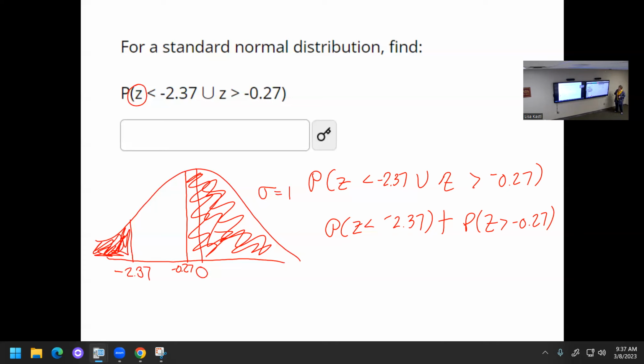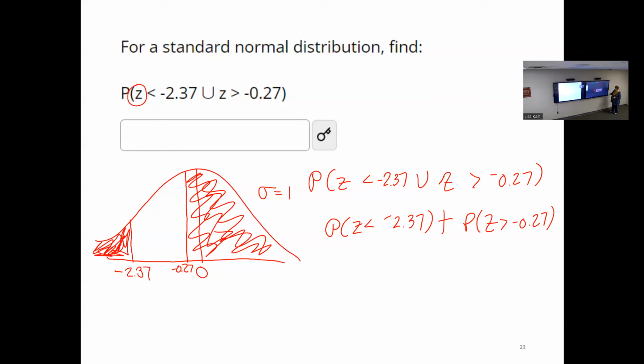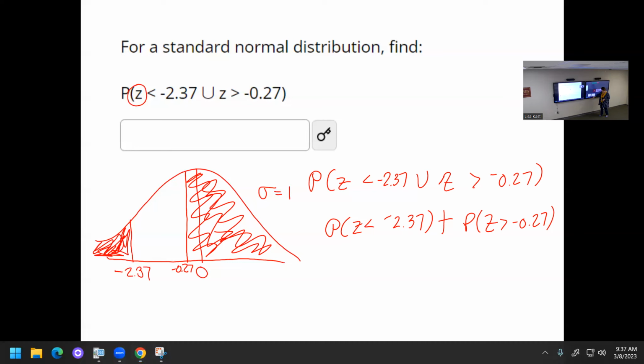So back in the day, we had these called Z-tables. And the Z-table gives you areas to the left of a particular Z-score. So if I want to find the probability that Z is less than negative 2.37, I go in my Z-table and find negative 2.37 right there.